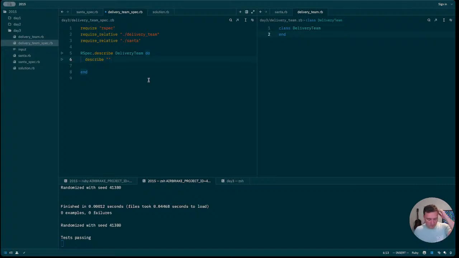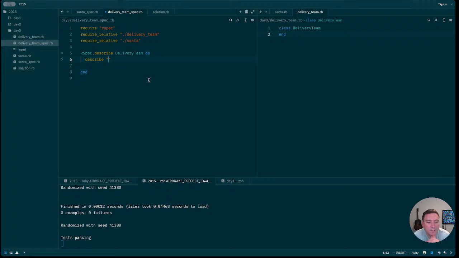Okay, so let's say, what did they call it? They call it take turns moving based on instructions. So we're going to want to initialize the delivery team with 2 Santas, and then we're going to call delivery team dot deliver presents with them, start at the same location delivering 2 presents, and take turns moving based on instructions.